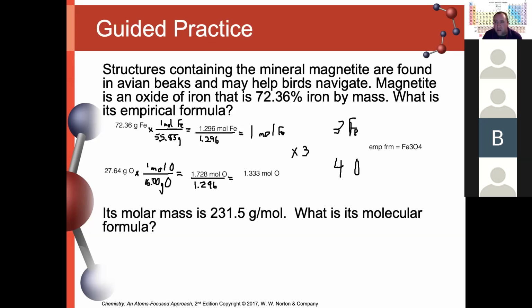Now, the second question here is about its molecular formula. We're told that the molar mass is 231.5 grams per mole. So what is the molecular formula?